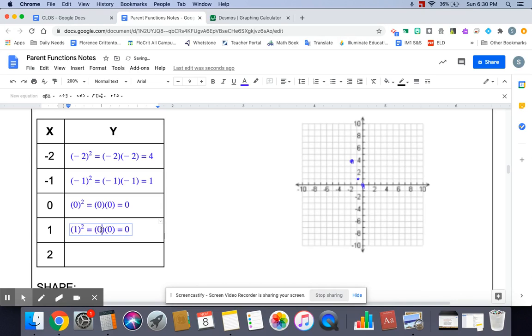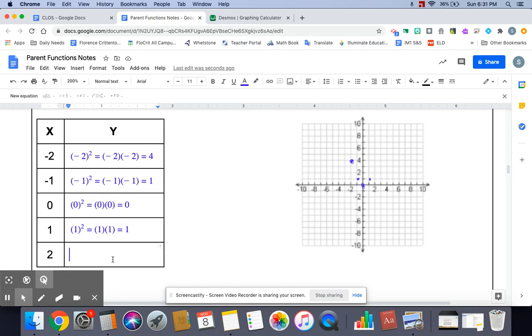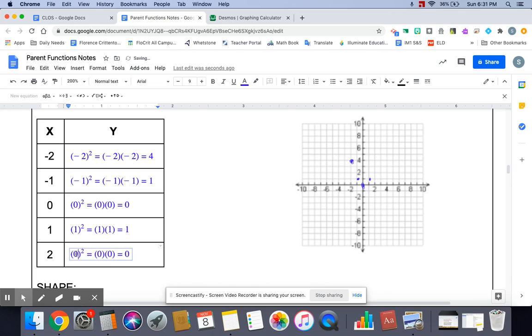I plug in 1, 1 times 1 is 1. So the point is when x is 1, y is 1. And for the next one, when I plug in 2, 2 times 2 becomes 4. So if I plot that point, when x is 2, y is 4.